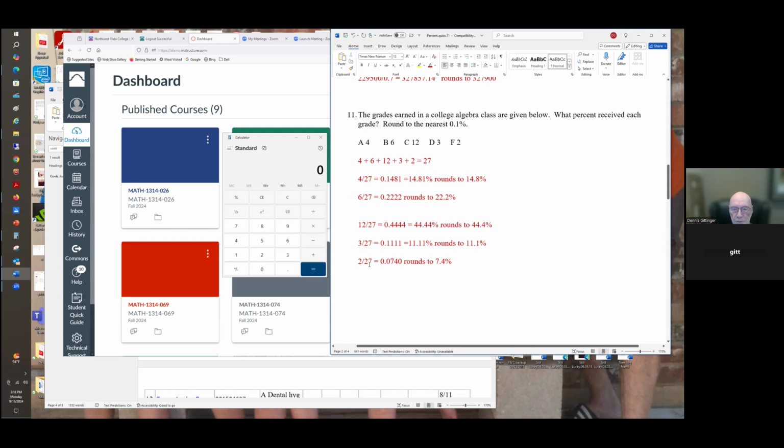And finally, 2 out of 27 turns out to be 0.0740, and that's equal to 7.40%. Now, that is the nearest 0.01%. I want the nearest 0.1%, and that's where the 4 is. Is the 0 big enough to bump 4 up to 5? No, it's got to be at least 5. And that's why the answer is 7.4%.